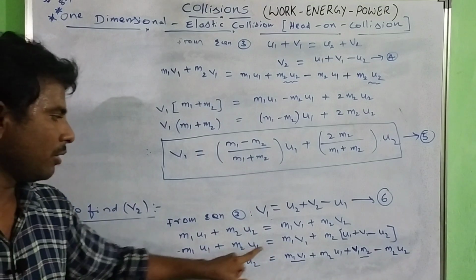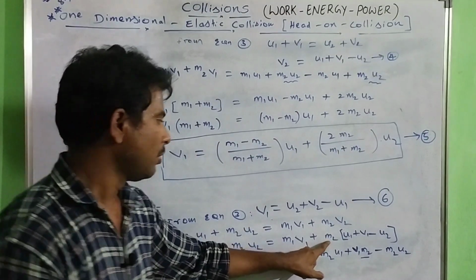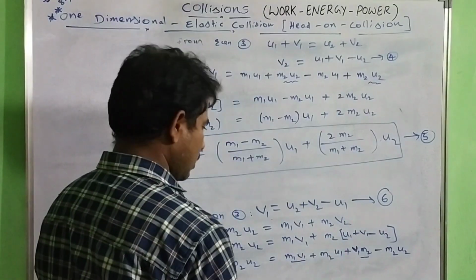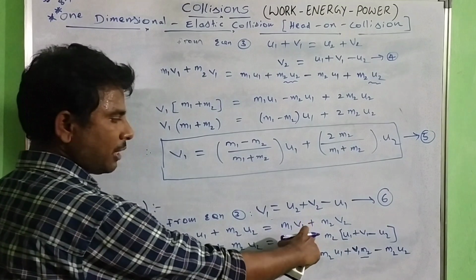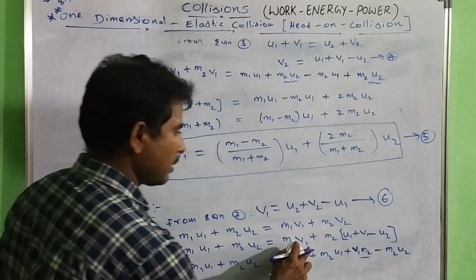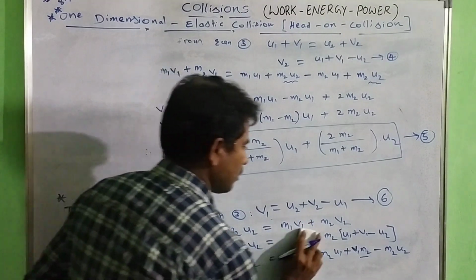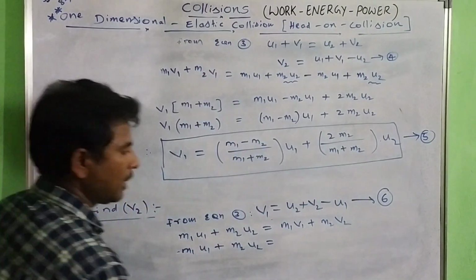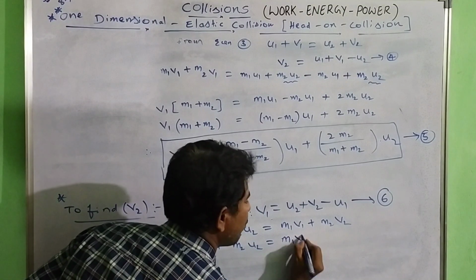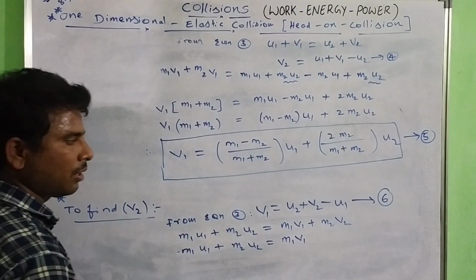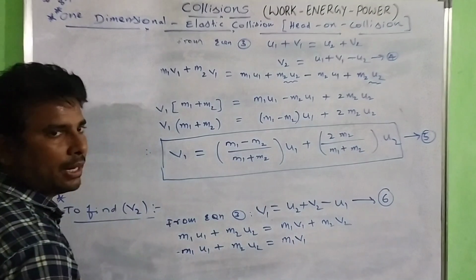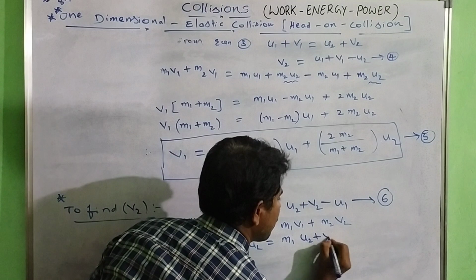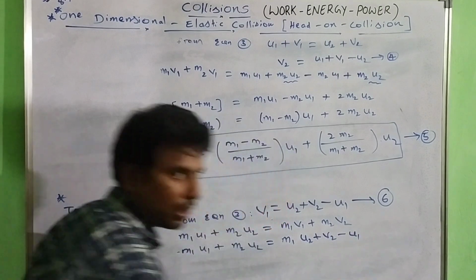m1 u1 plus m2 u2 equals m1 v1 plus m2 v2. Here v1 is replaced by u2 plus v2 minus u1.